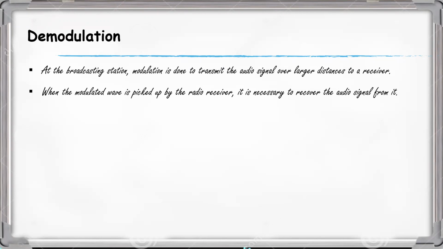So in a radio receiver, it accepts the modulated signal through its antenna, and that signal is amplified and the carrier is removed.